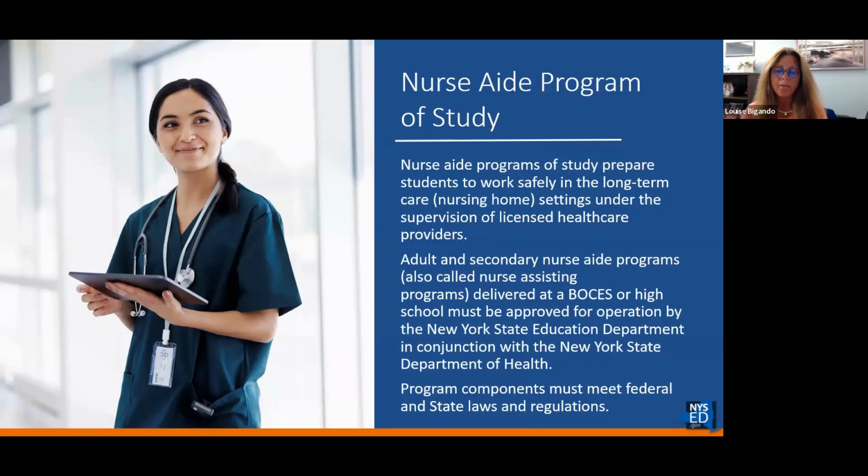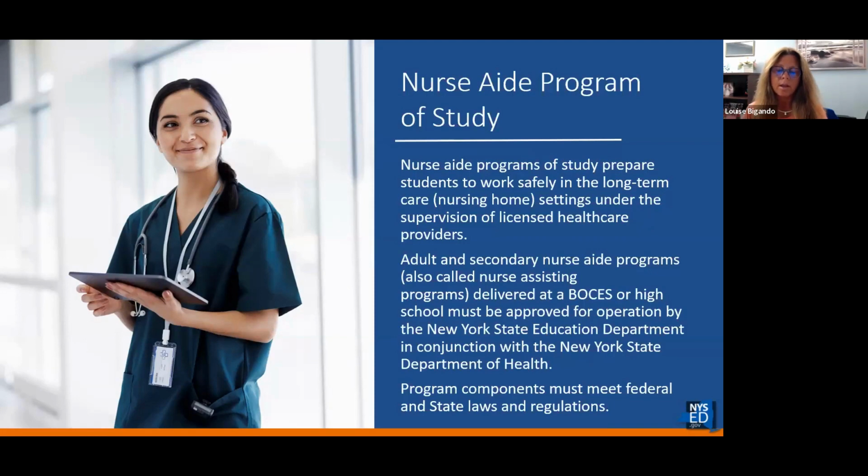Some districts have guided their new nurse aide instructors to seek practical nursing certification. These teachers are then unable to advance in the certification pathway because they are actually delivering instruction in a nurse aide program and not the practical nursing program, and are therefore unable to provide the required classroom teaching experience to achieve their next level of certification.